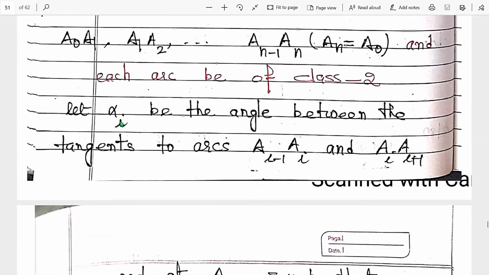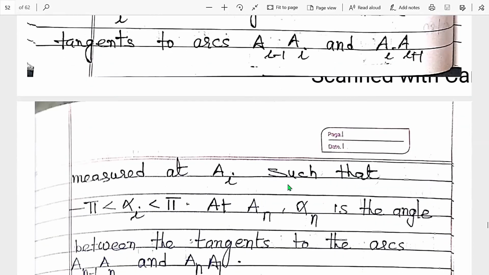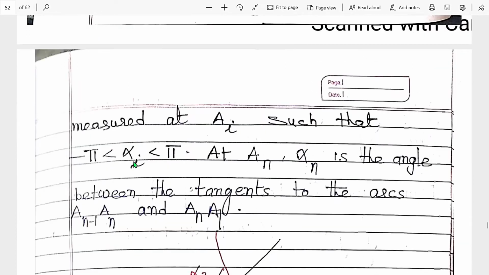As we discussed, alpha i is the angle between the tangents to the arcs Ai minus 1 Ai and Ai Ai plus 1, measured at Ai such that alpha i lies between minus pi and pi.